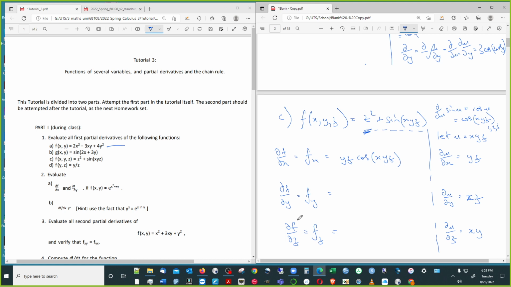Is that right? yz, xz. And then for y, again, the z squared is gone. It's a constant as far as y is concerned, so it's out. So we don't include it, but the rest of the chain we build up.